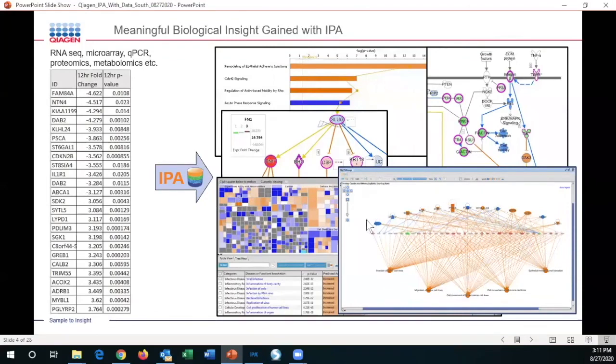We establish perhaps a key set of regulatory molecules at the top row in this network that work through a subset of our changing genes or changing proteins in our data set. And those genes or proteins in turn influence a key set of functions downstream in our system. So these are some of the endpoints that we can generate through the core analysis in IPA. We're going to walk through each of these in a little bit of detail.